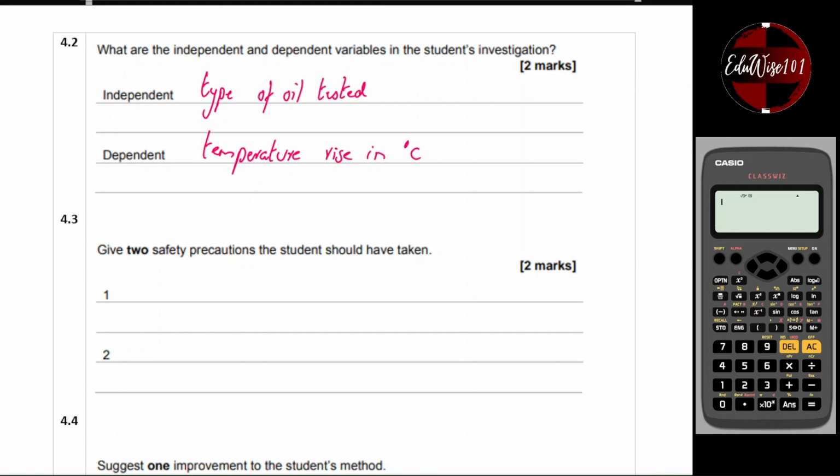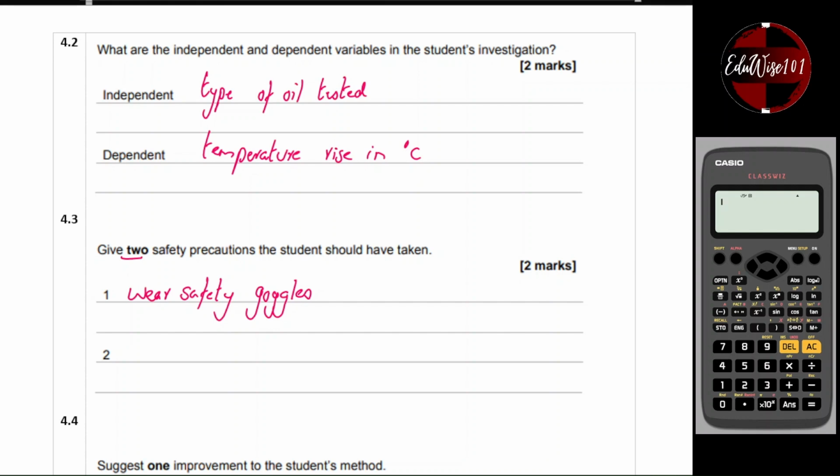4.3. Give two safety precautions the student should have taken. Wearing safety goggles. Remember, you need to only give two, not list more than that. But here I'm going to give you a couple of them.